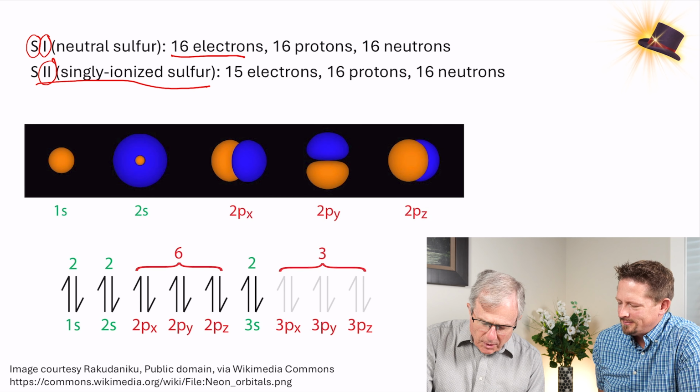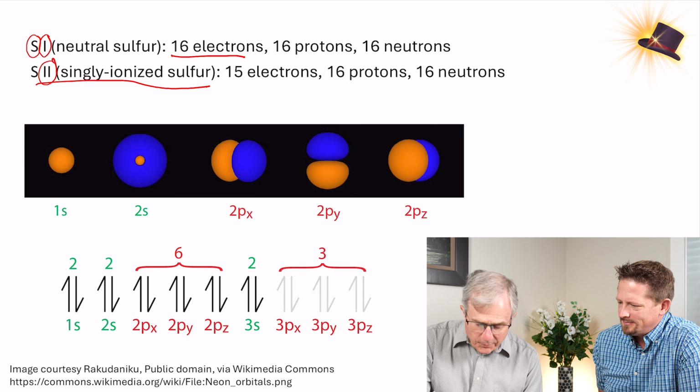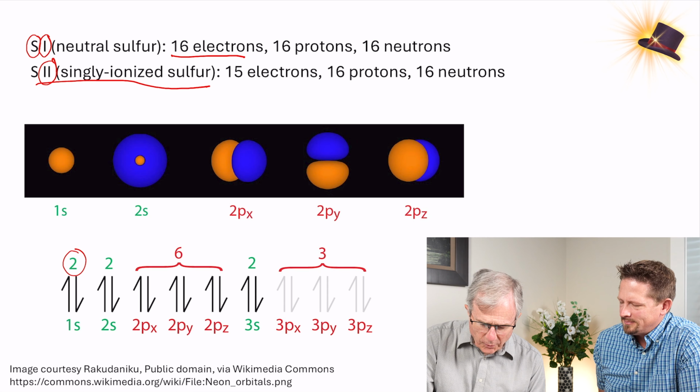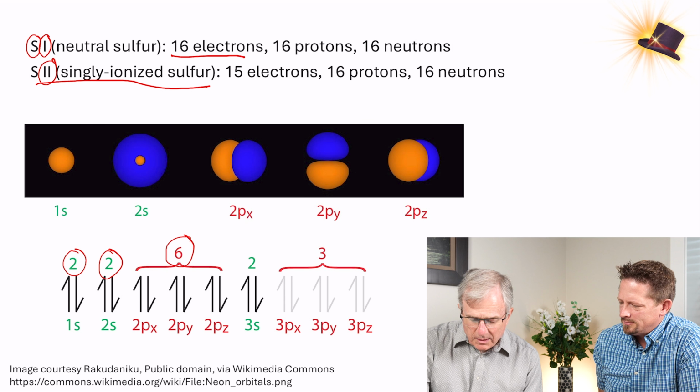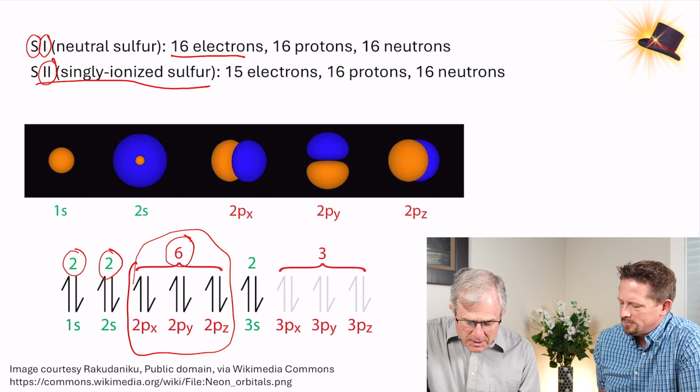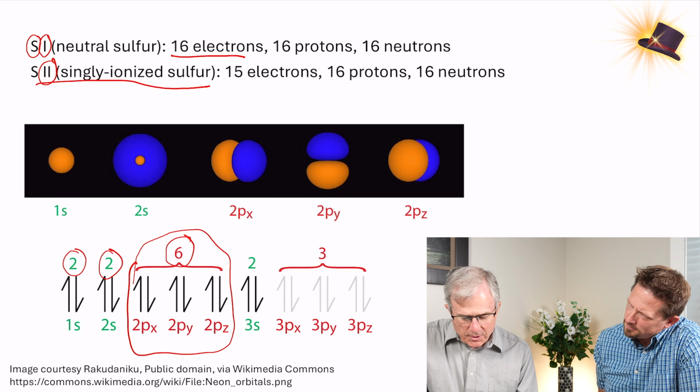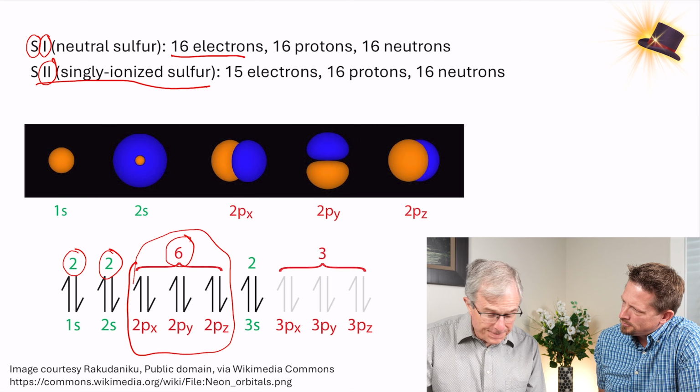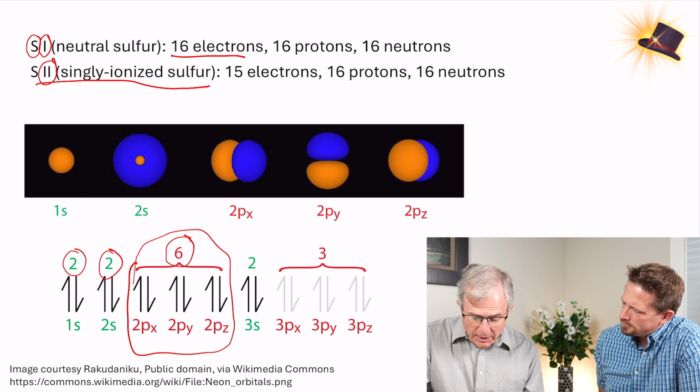The way these electrons are configured in singly ionized sulfur is there's 2 in the 1s, 2 in the 2s, and 6 in the 2p subshell. So this subshell, instead of what we saw with oxygen and nitrogen, is now filled. It's a filled shell, and a filled shell doesn't carry any angular momentum.